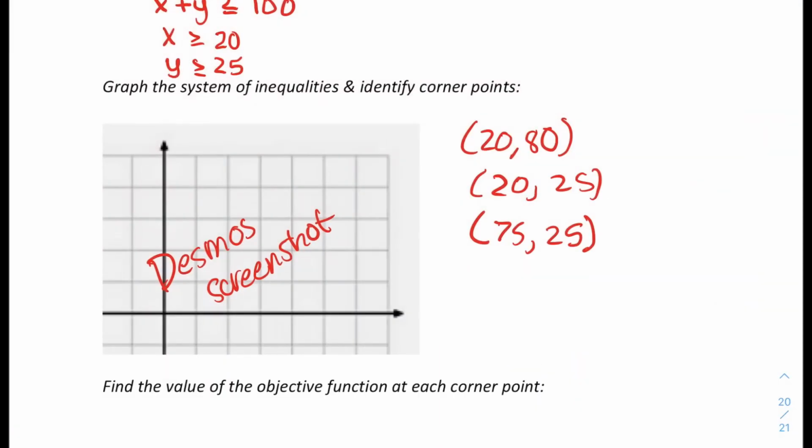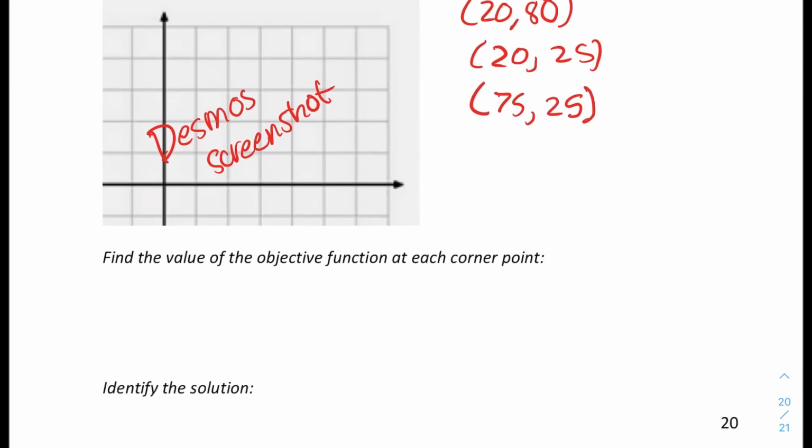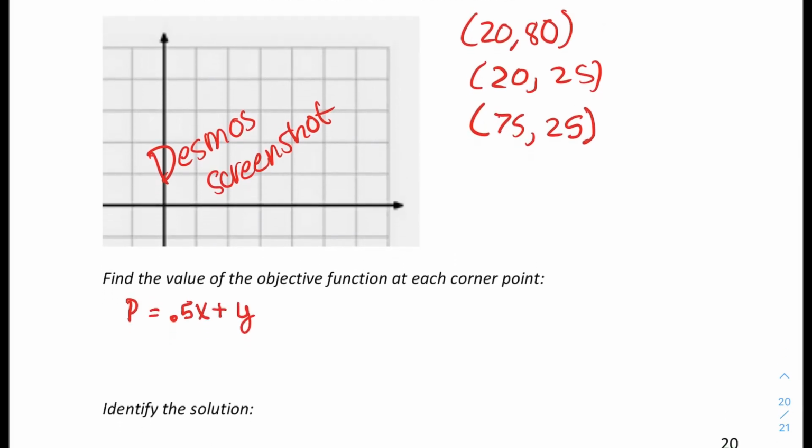The value of my objective function at each of those corner points is what I get when I plug those values in for x and y in my profit function. Now notice the objective function isn't part of your graph, by the way. It's just what we are plugging our corner points in from our feasible region after we graphed it. So (20, 80) gives me $90, (20, 25) gives me $35, and (75, 25) gives me $62.50.